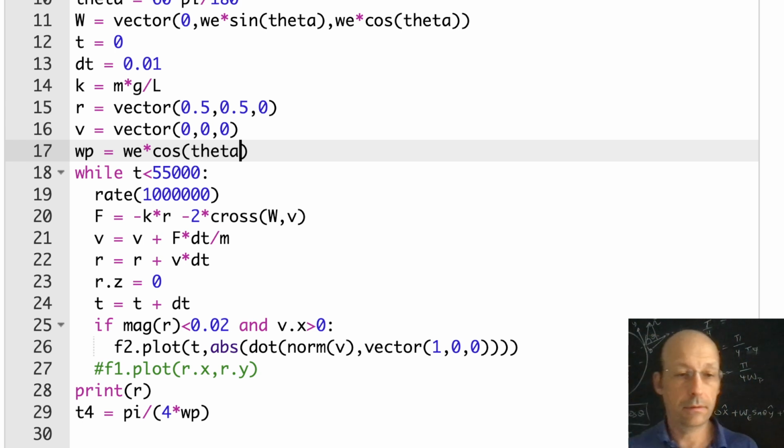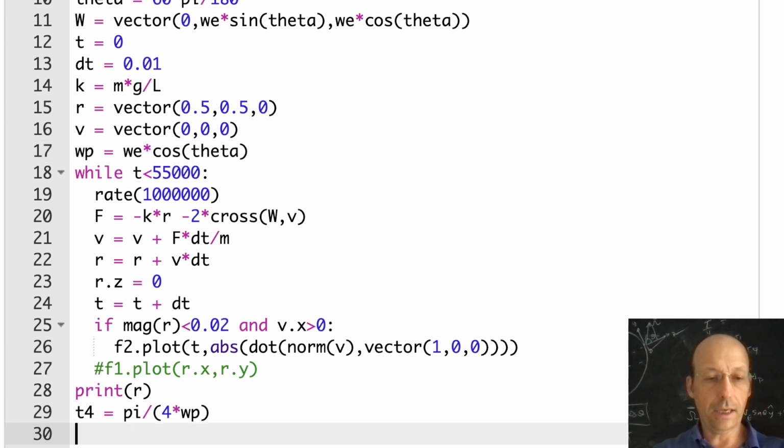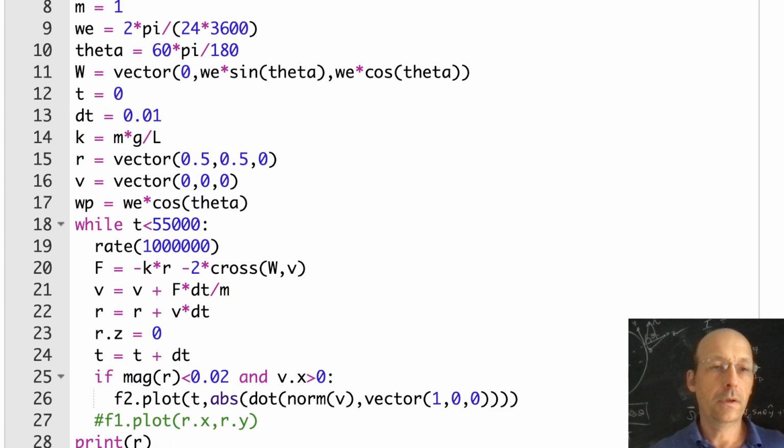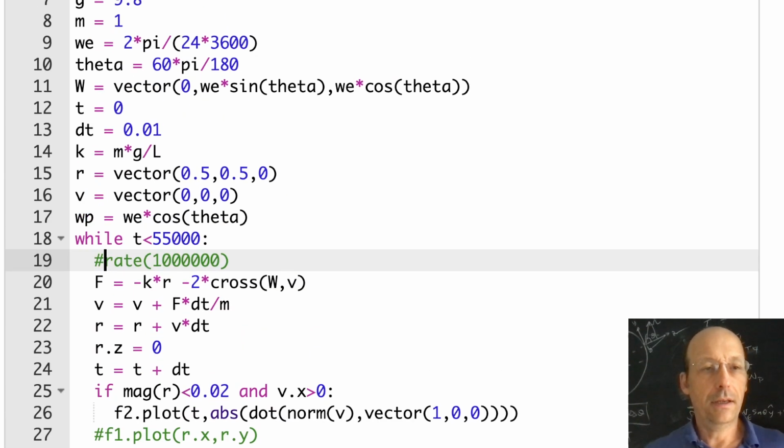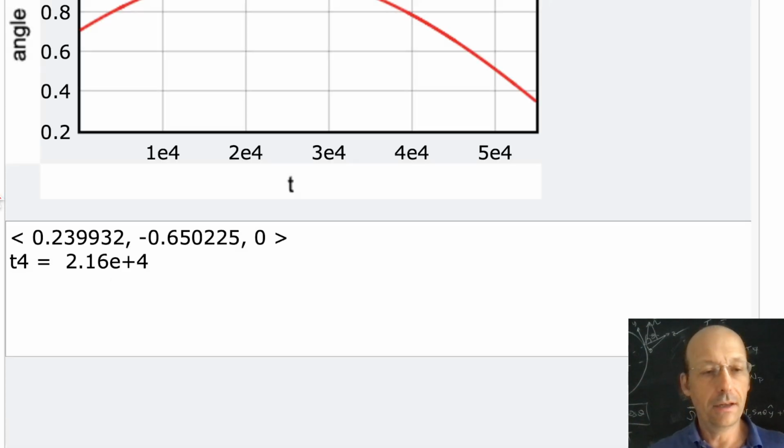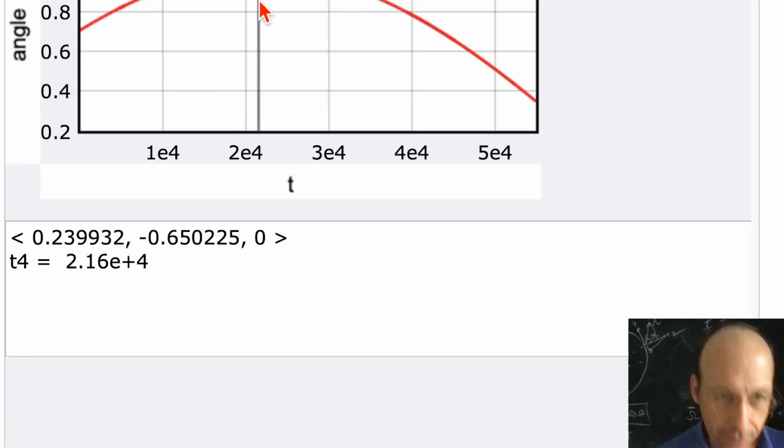And let's print that: T4 equals T4. Okay, let's try taking out this rate statement, see if that helps. Now it's not going to show anything until it's done. Okay, it did it. We get 2.16 times 10 to the fourth.